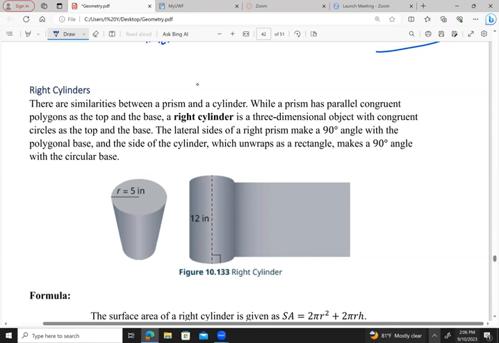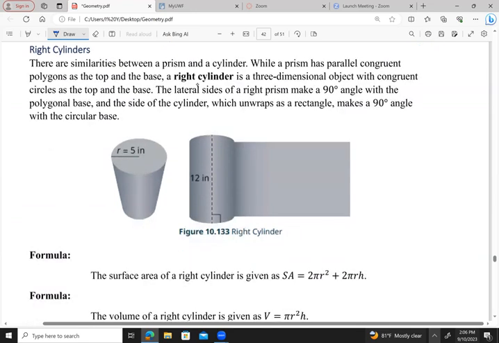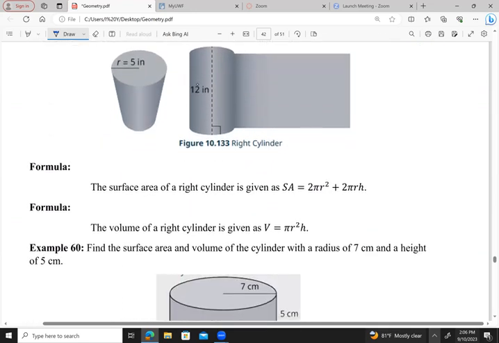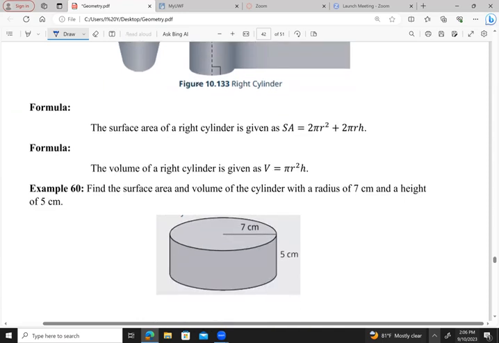The lateral sides of a right prism make a 90-degree angle with the polygonal base, and the side of the cylinder, which unwraps as a rectangle, makes a 90-degree angle with the circular base. So, the formula for surface area of a right cylinder is given by 2 pi r squared plus 2 pi r h. And the volume is simply pi r squared h.